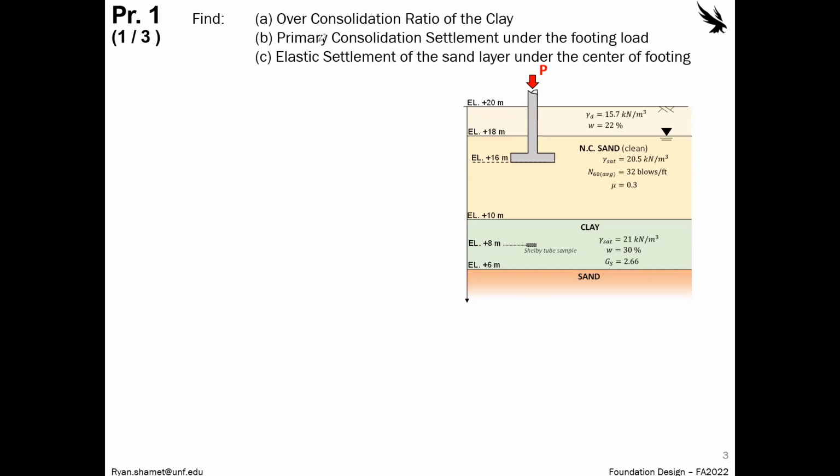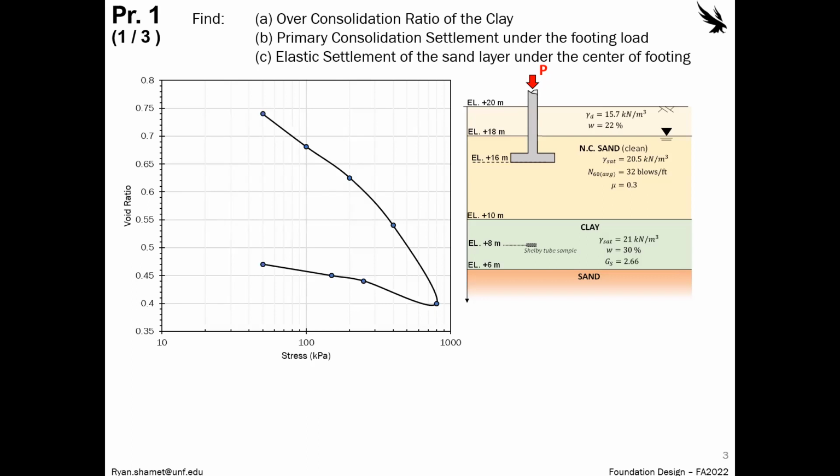The first thing we need to do to find the overconsolidation ratio is to find the current effective stress as well as the pre-consolidation pressure, or sigma C. To do that, we need to plot our void ratio versus our stress, and this was all given to you. Obviously, it's going to be dependent on how you did this procedure, but the goal is to find the pre-consolidation pressure.